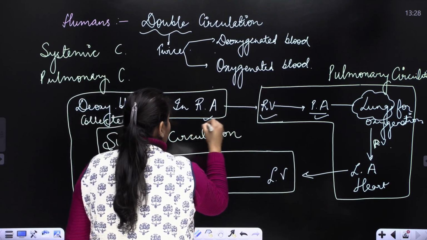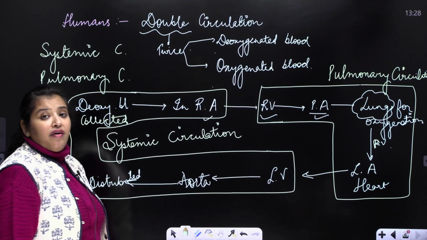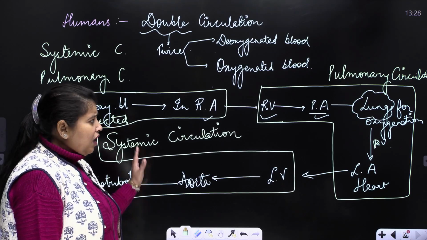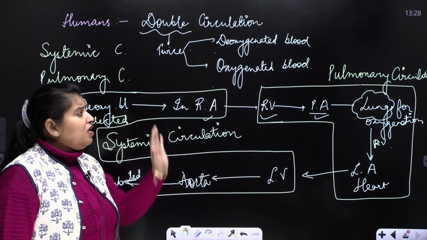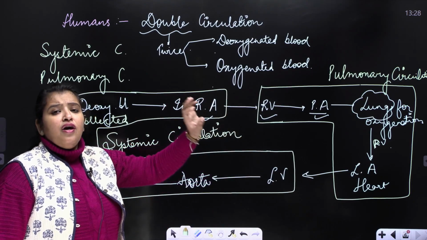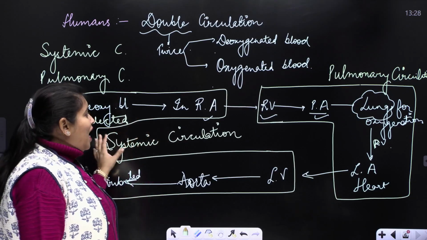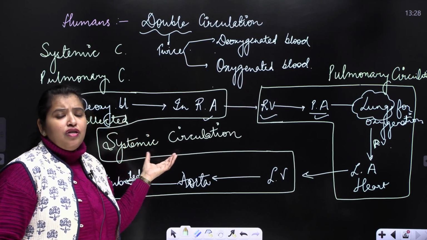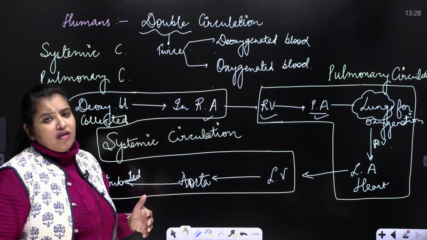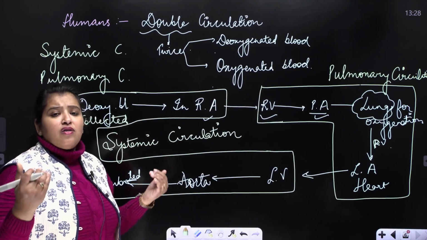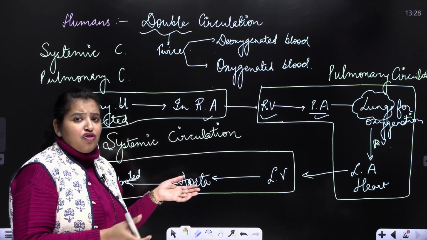So these two types of circulation are happening in the human heart. The pulmonary circulation, where oxygenation of blood is taking place in lungs, and the systemic circulation, where all the other body parts are involved, whether the blood is oxygenated or deoxygenated.